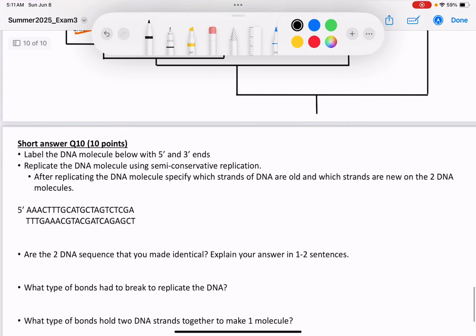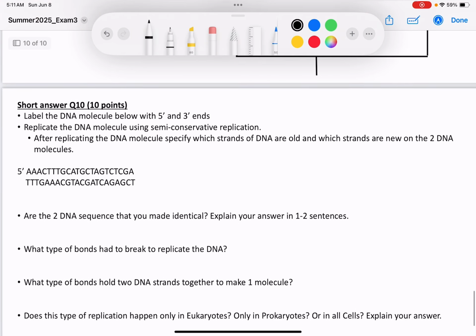Next, you need to be able to look back at semi-conservative replication, because that's how binary fission happens when we replicate those prokaryotic cells, right? It still happens through semi-conservative replication. So the first thing I wanted you to do was to label the 3' and 5' ends. Most of you got this.